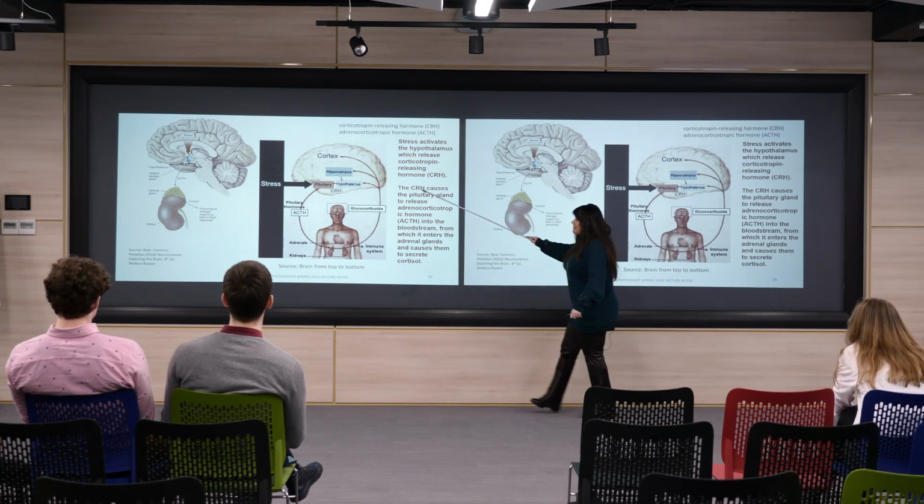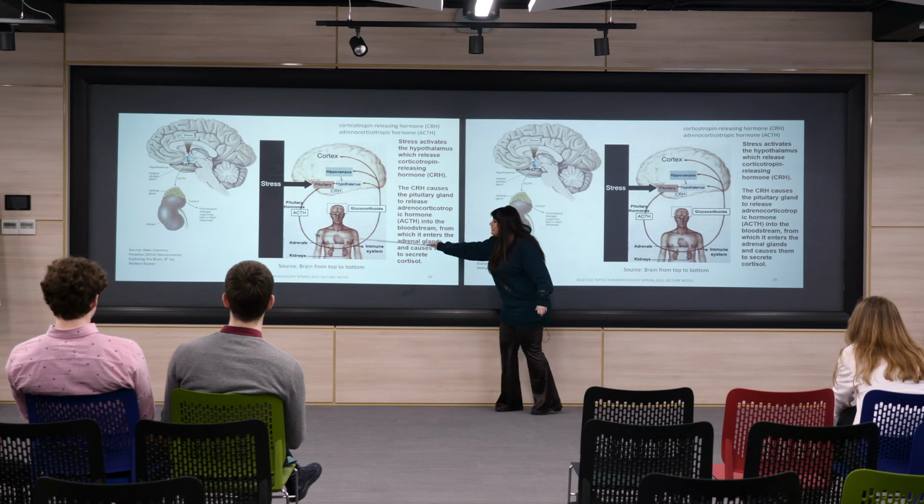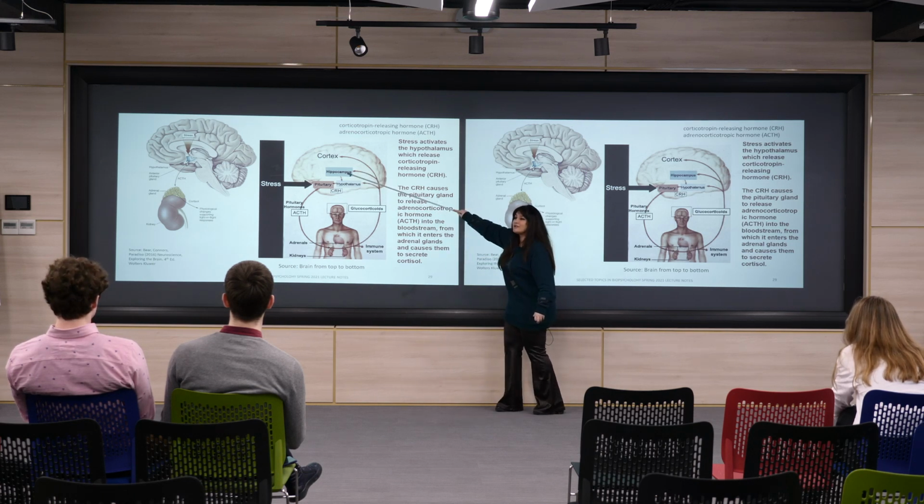But if there is a problem in the circuitry, for example, if there are not enough receptors in the hippocampus for some reason to receive this negative feedback, it goes back and should stimulate this to make it stop.